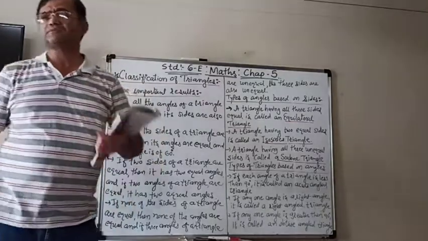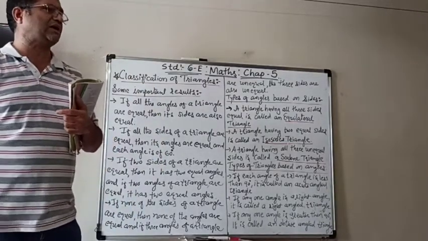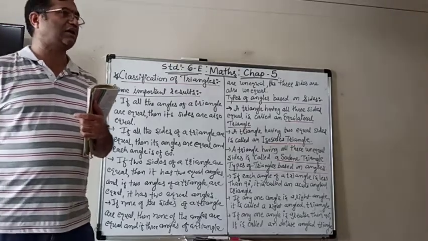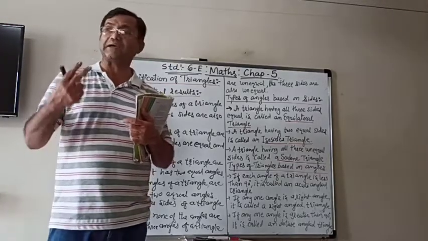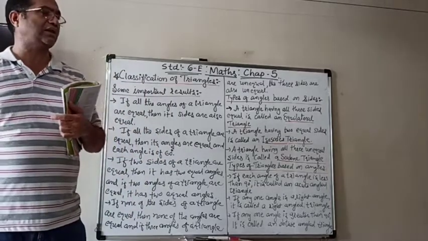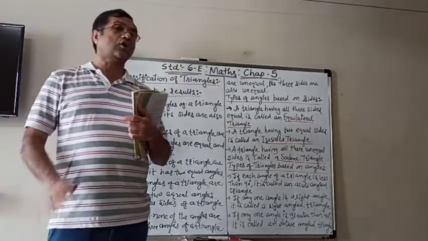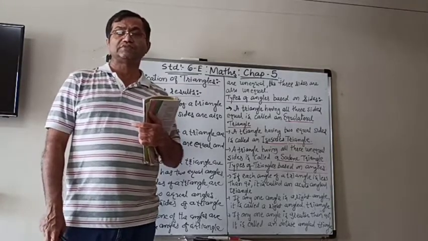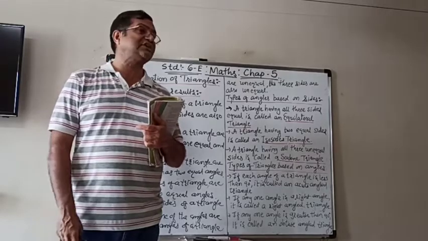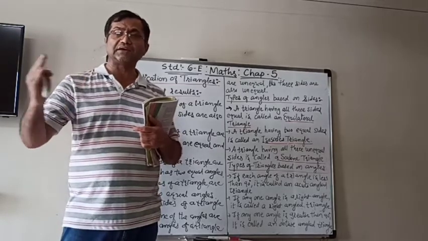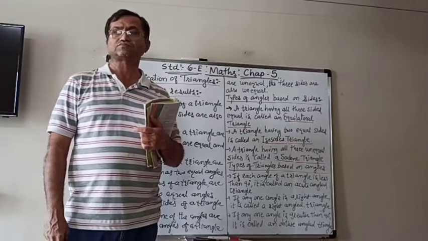Now if you take different types of triangles, such that in them all the angles are equal, or two angles are equal, or two sides are equal, or all three angles are different, then they have a special relation between the angles and the sides.